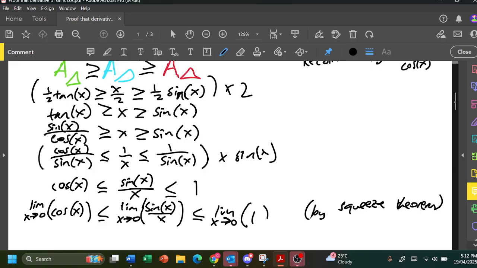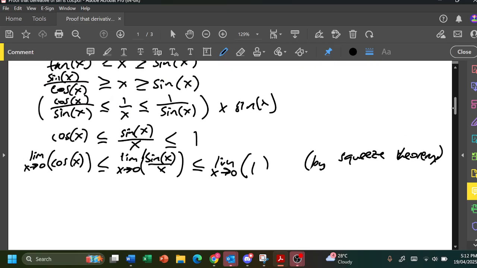It's called the squeeze theorem. You don't really need to know that. But yeah, it should be fairly intuitive just looking at this, that oh, sorry, that's not the squeeze theorem, but we'll use the squeeze theorem later.